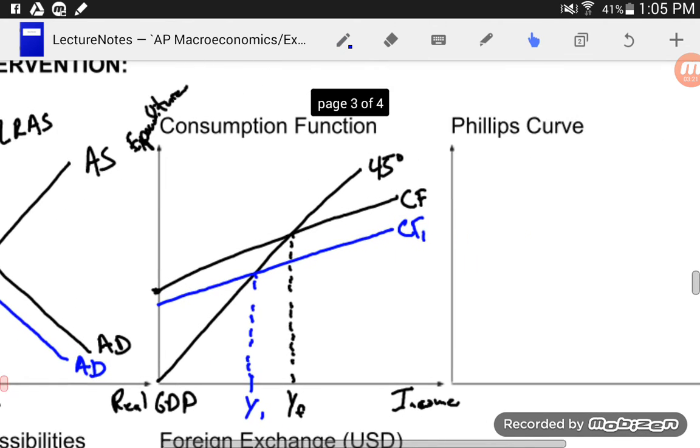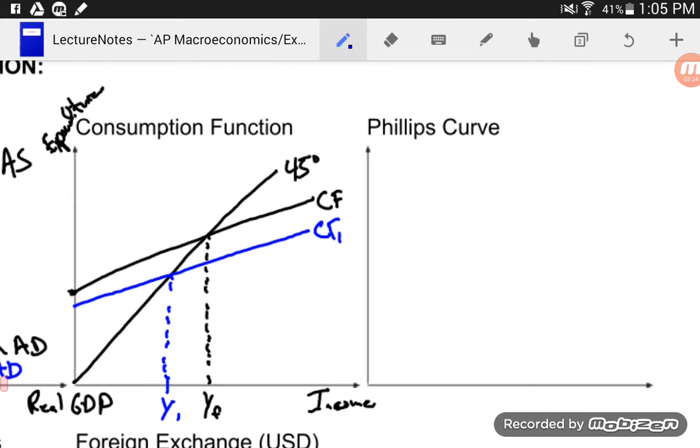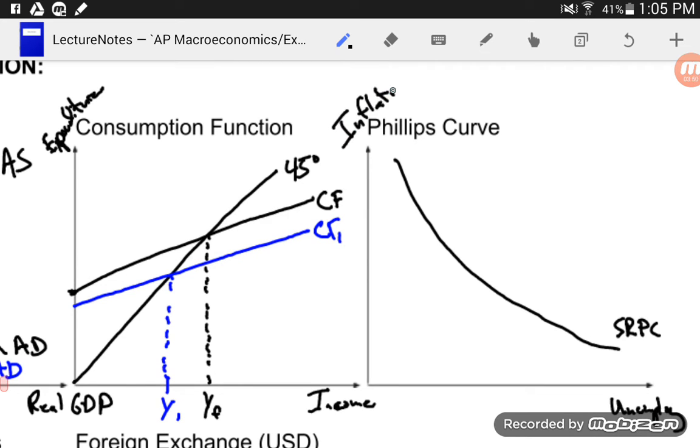And then on the Phillips curve, if we're drawing that, what had happened, let's see, we're going to draw a short run Phillips curve. What am I forgetting? Sorry, unemployment and inflation is our y-axis. And this was our long run Phillips curve with some sort of inflation rate.